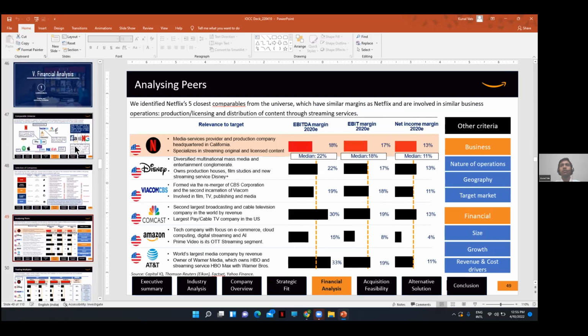And then we understood the different multiples, EBITDA margins, EBIT margins, net income margins, to try to understand where Netflix lies as compared to its peers, based on other criteria as well, which you can see on the right. So we get a sense that when we look at the five closest comparables, Netflix has similar margins in EBITDA, EBIT, and net income.